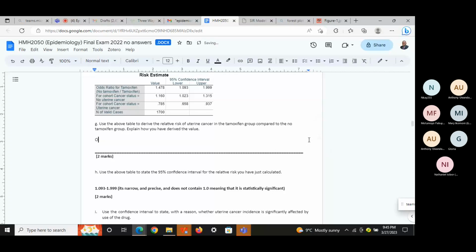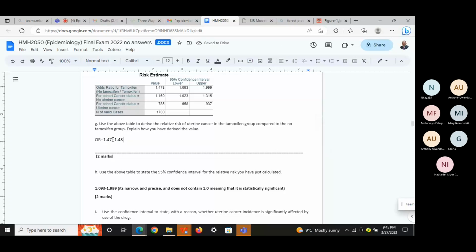Okay, so the odds ratio is equal to 1.478, which is approximately 1.48.